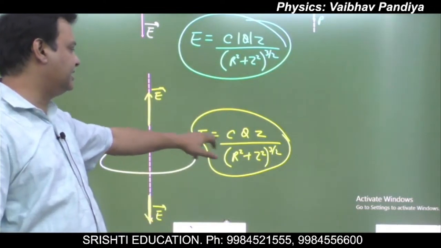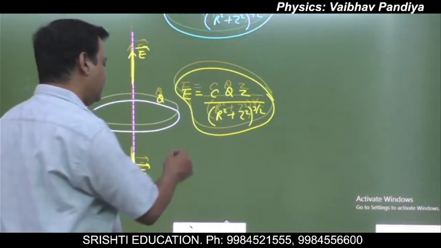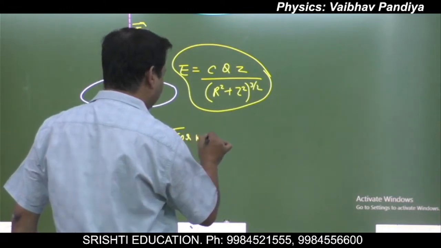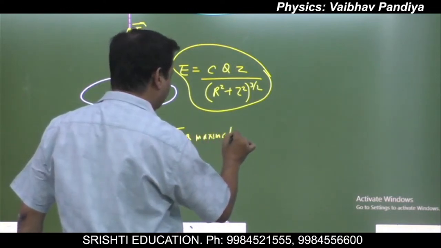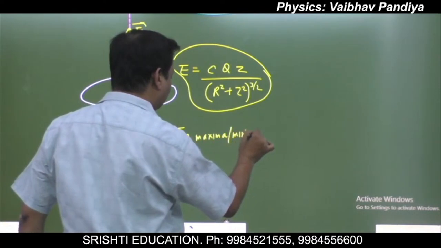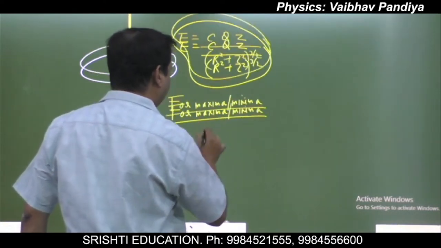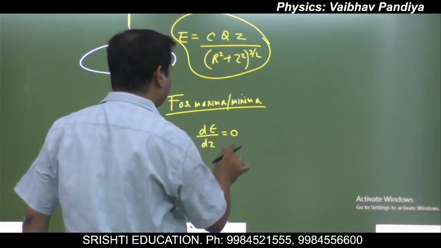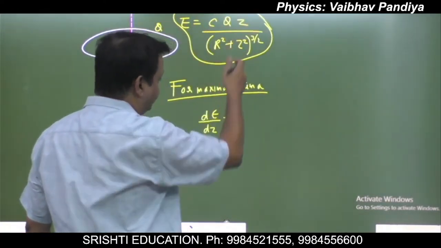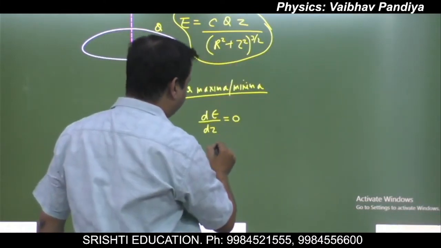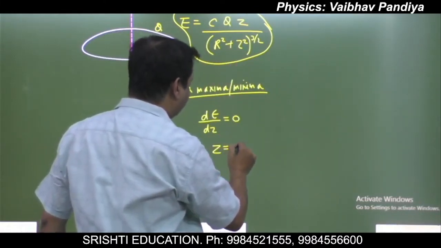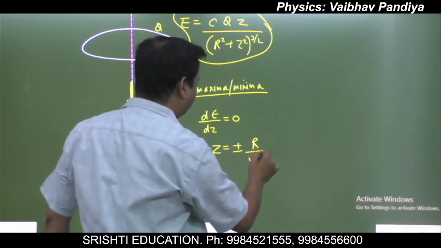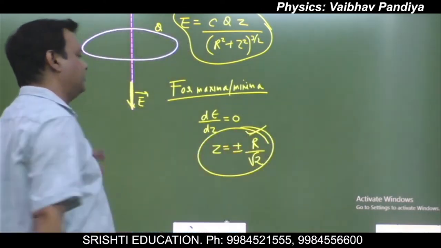We will differentiate E with respect to Z, and you will see when you use maxima minima, dE by dZ will come to be 0, and we will see it in the next lecture with complete working. When we do the differentiation, Z will come to be plus minus R by root 2. So this is the value where the field will have a maximum magnitude.